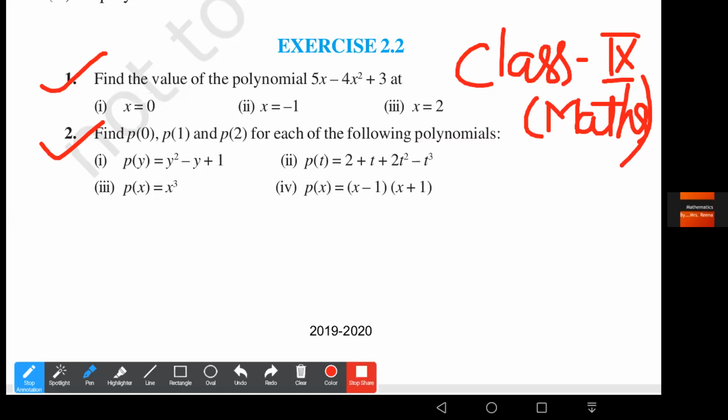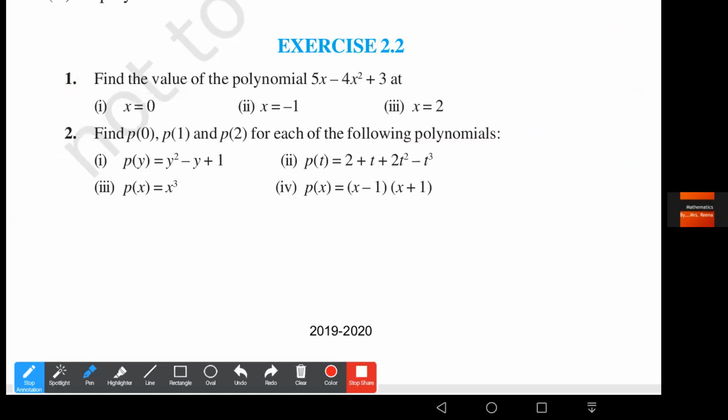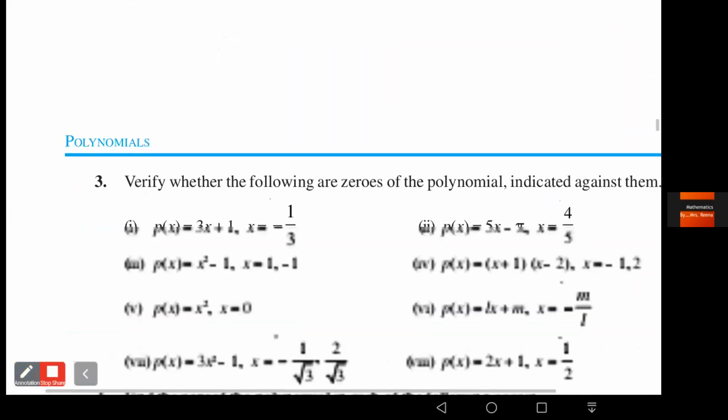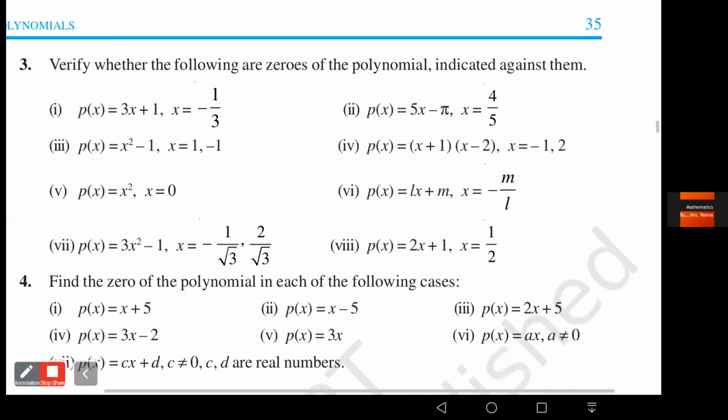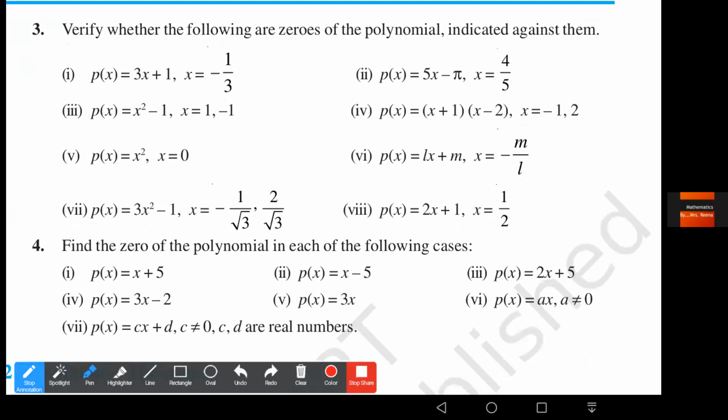2.2 question number 3. So let us see what is given in question number 3. Here we have question number 3, NCERT book, exercise 2.2 question number 3. So what is given in the question?